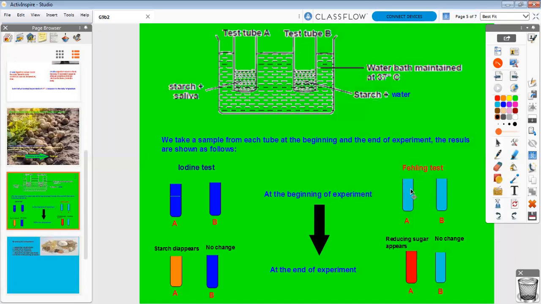At the beginning of the experiment, the coloration was blue, indicating the absence of reducing sugar. At the end of the experiment, tube A gives brick red precipitate, and in tube B the coloration will be blue. This indicates that reducing sugar appears only in tube A.